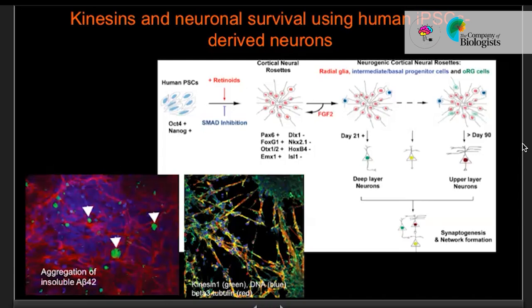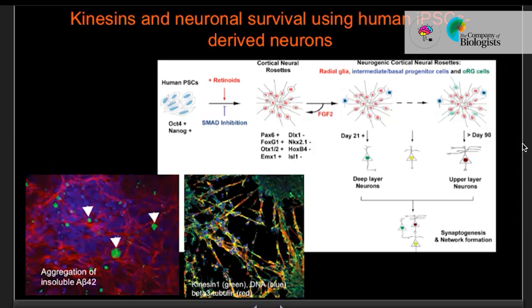We did look at which kinesins are expressed, which is on the right. Don't worry about the details, because humans have more than one kinesin 1 and more than one kinesin 3. So we had to find out which one we wanted to manipulate. And we found that KIF1A and KIF5A are the ones that are expressed and that we decided to look into.